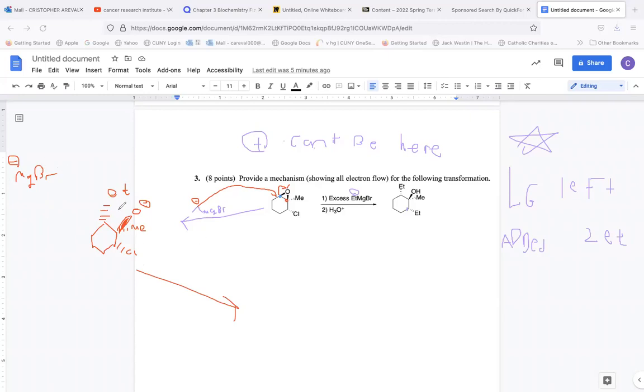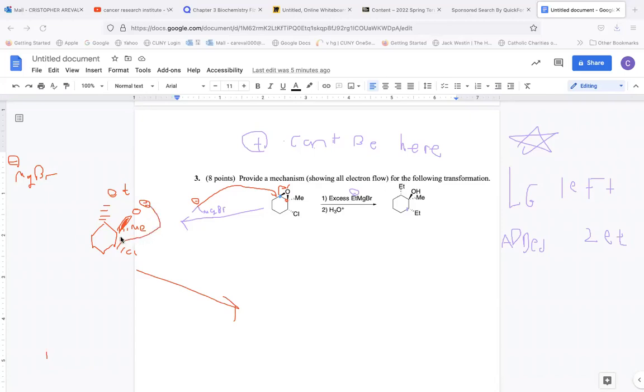Remember the intramolecular Williamson synthesis? Intramolecular. Remember that? Whatever, I'm not going to write all that down because it's too much, but yeah, that's going to happen here.